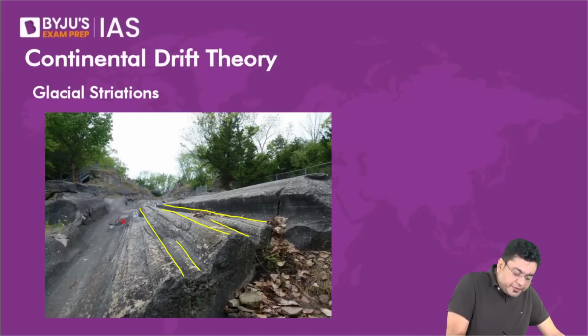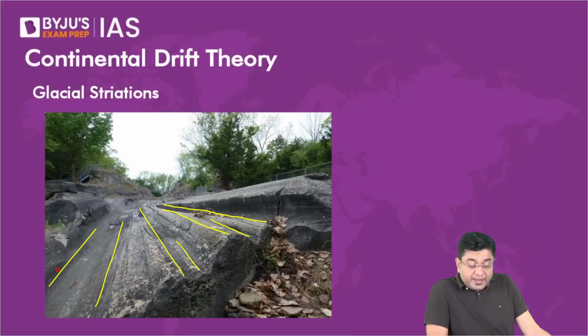Now, all of these carvings on the rocks can never be created by a river action. A river also erodes the rock, but not like this. A wind can never erode a rock like this. It can be carried out only by a glacier.